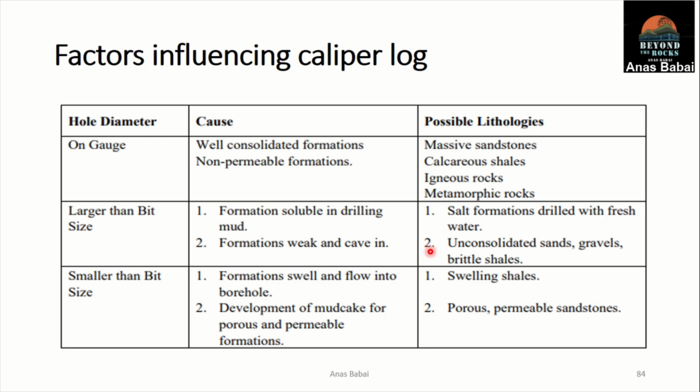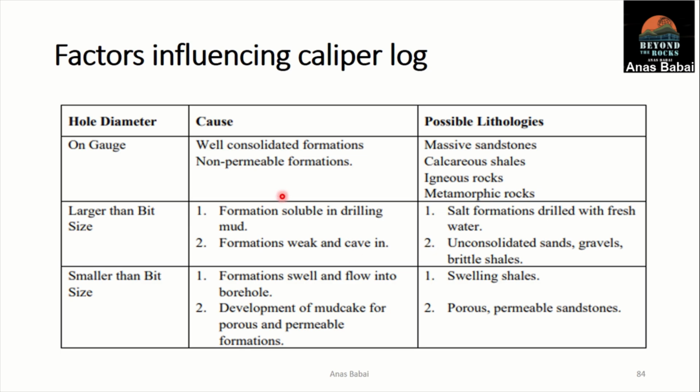Now, factors influencing the caliper log. Based on the caliper log, we can interpret the causes and the possibilities. So if it's in gauge or on gauge, that means there are no changes in the cross section or the diameter of the borehole.